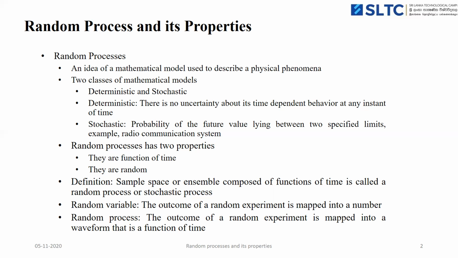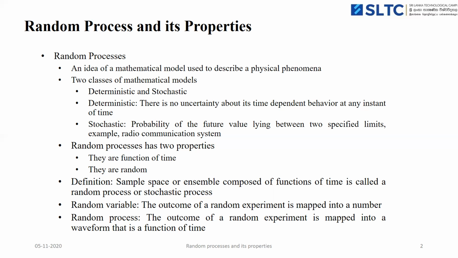So the formal definition of the random process: a sample space or ensemble which is composed of functions of time is called a random process or stochastic process. So a sample space composed of a set of functions, where the functions are with respect to time, is called the random process.